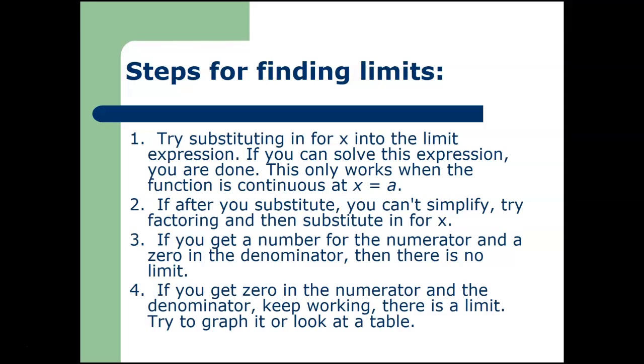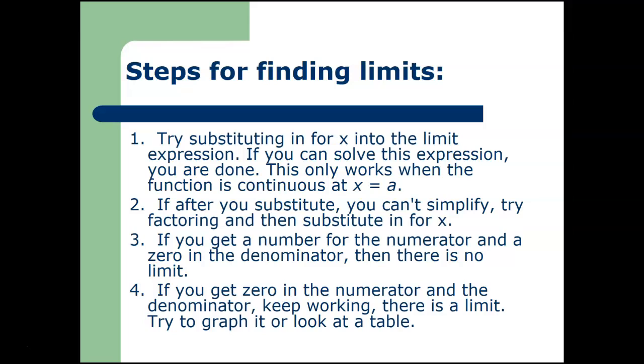If you substitute and you get a numerical answer, then you're done. It means that the function is continuous at x equals a, and your limit is the same as your function value. If you substitute and you get 0 over 0, that is called the indeterminate form, and that means that you need to simplify through factoring.